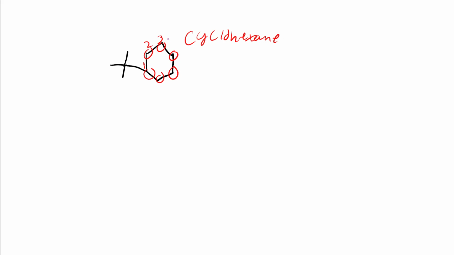If you had 2 tert-butyls, then yes, you would have to say the location for it. But in our case, it is the only substituent, so we just leave it alone. So instead, we just say tert-butylcyclohexane.